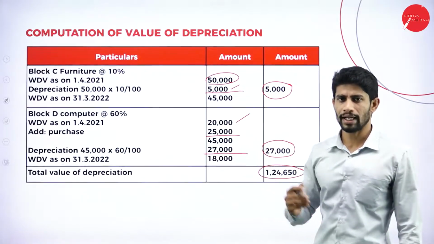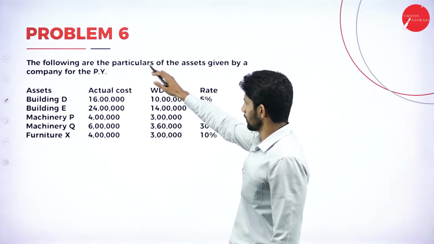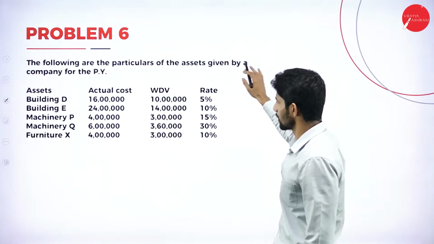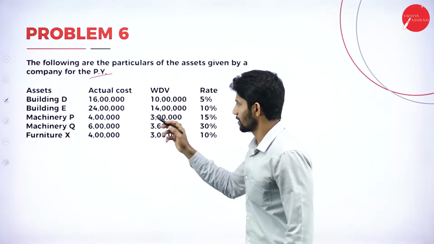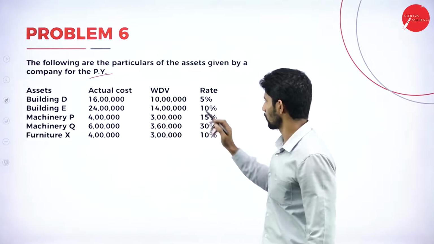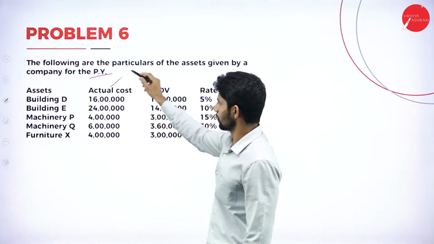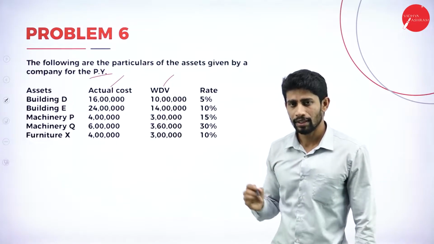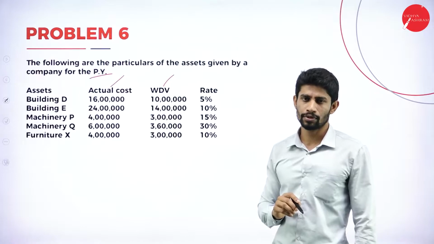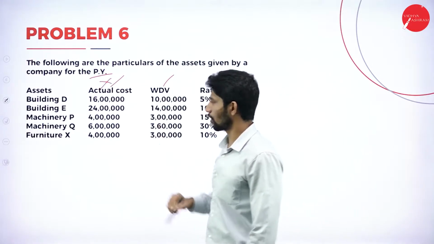So moving on to the next problem, problem number 6. The following are the particulars of the assets given by a company for the previous year. Asset, actual cost, written down value, rate of depreciation. Here they have given you two values, that is actual cost and written down value. To compute the value of depreciation, we are not supposed to consider this actual cost.